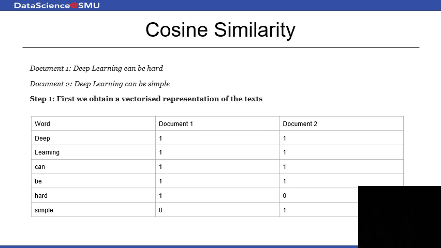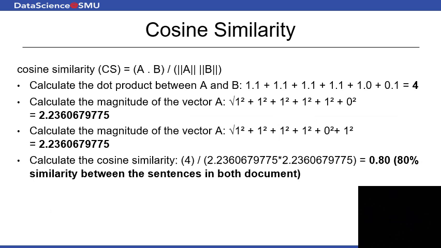Here we can see down on the left-hand side of the table, we have all the words that are in both documents and the number of occurrences that word has in each document. Since we have vectorized the two sentences, now we can calculate the cosine similarity.